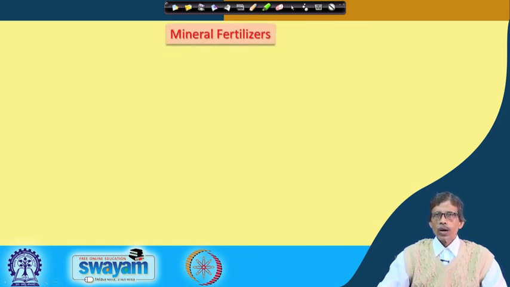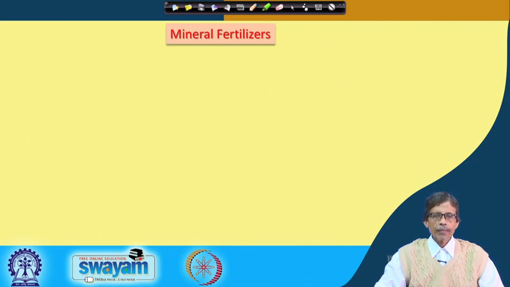Then we move on now, after all these things, whatever we have considered so far related to halogens and halide compounds. Now, we will move to the sector where we will have the fertilizers. Fertilizer is a huge industrial sector, and how do we get the mineral fertilizers? We must have the mineral sources.